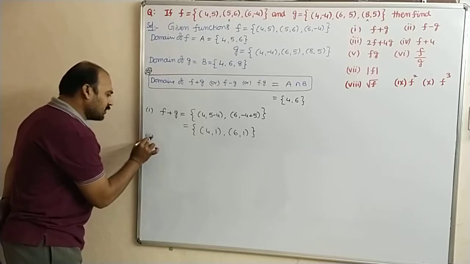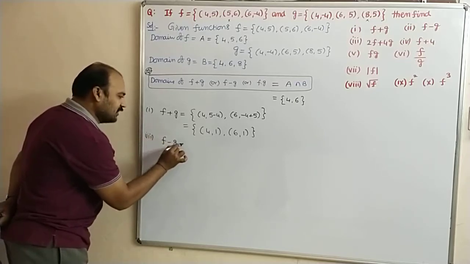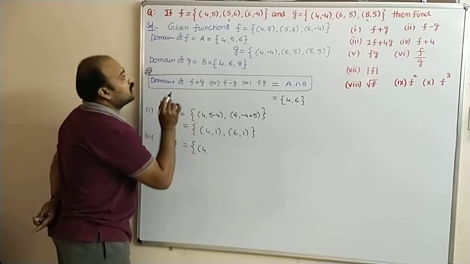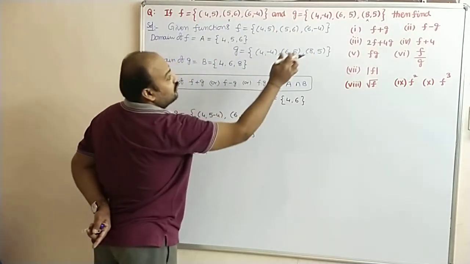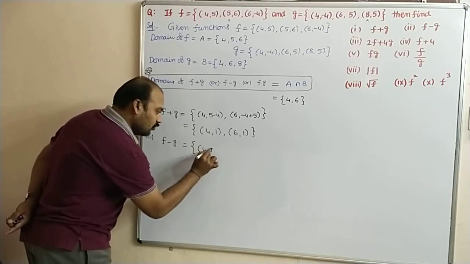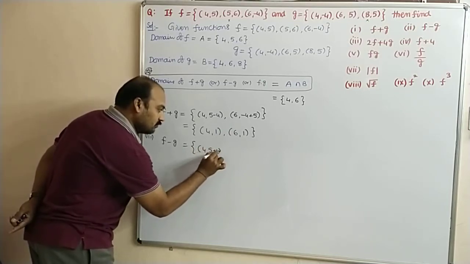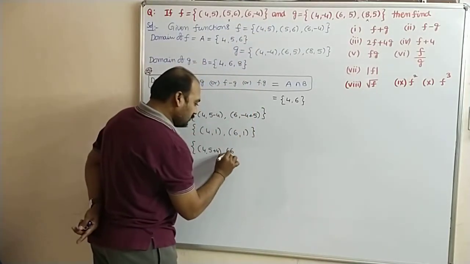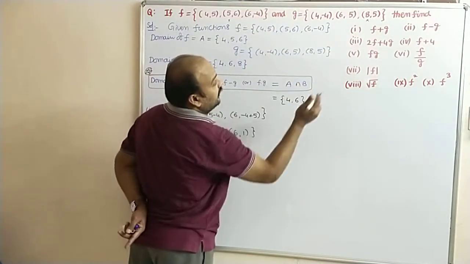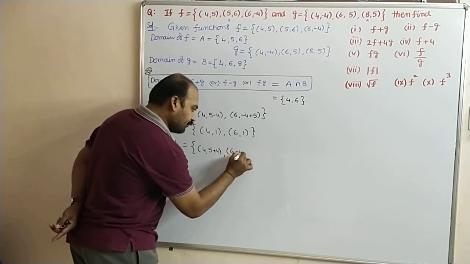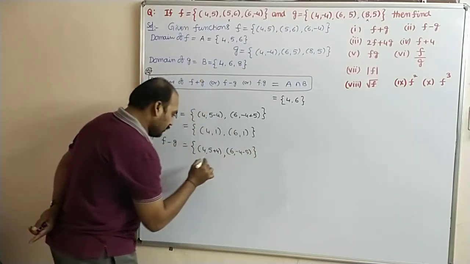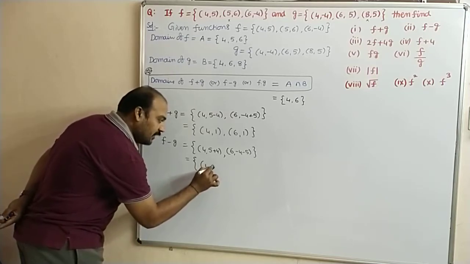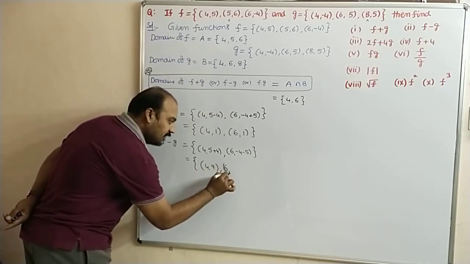Just the same thing, you have to subtract, f minus g. 4 comma 5 minus of minus 4, 5 plus 4, 6 comma minus 4 minus 5, which is equal to 4 comma 9, 6 comma minus 9.